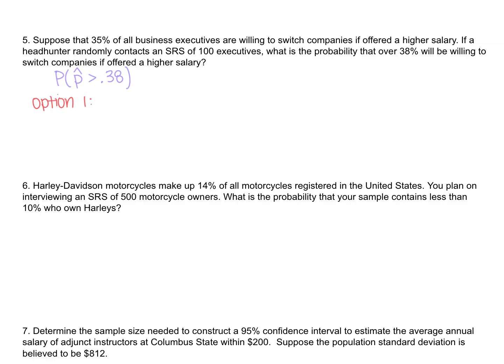So option 1 is still to calculate a z-score. So we'll have z equals 0.38 minus 0.35 in the numerator. For the standard deviation of a proportion, it's the square root of p, so 0.35, times 1 minus 0.35 all over n, which is 100.